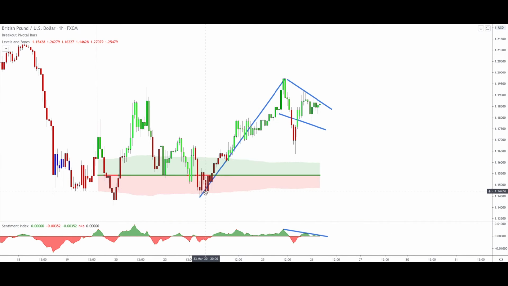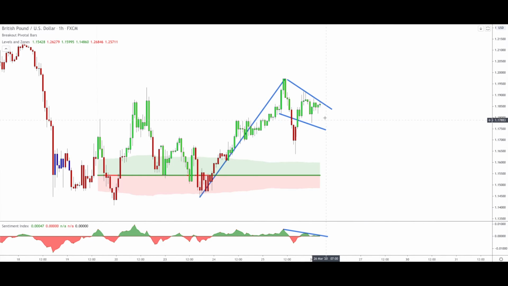So the price had an impulse, and so we see that the sentiment index, first of all, the bearish sentiment improved, and then it turned bullish, and then we had a bullish sentiment increasing, then it kind of faded away, then it increased again, and then is fading away as well. But the point is that we also have a consolidation, so it is correct that this is going down.